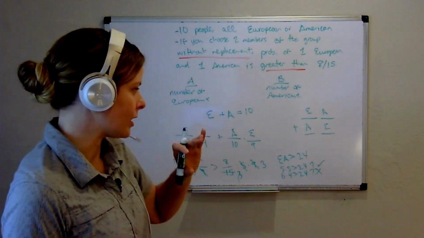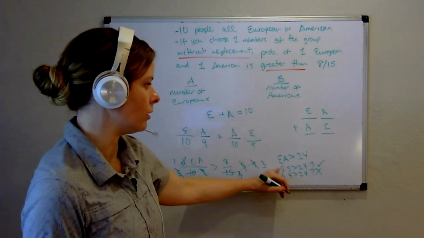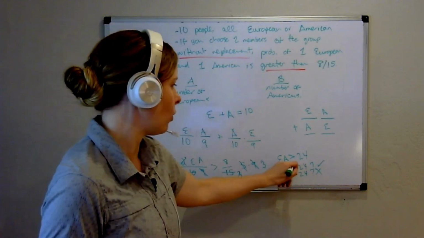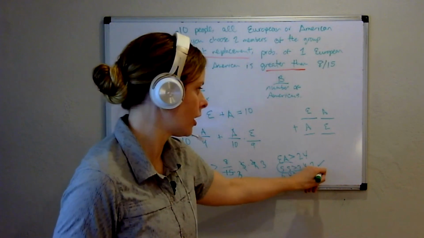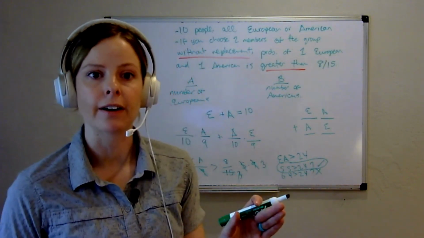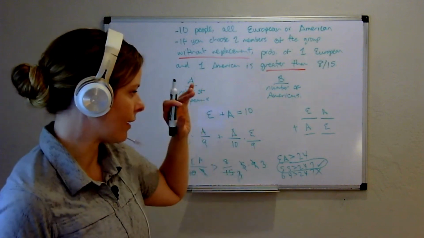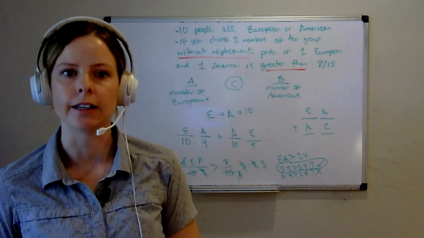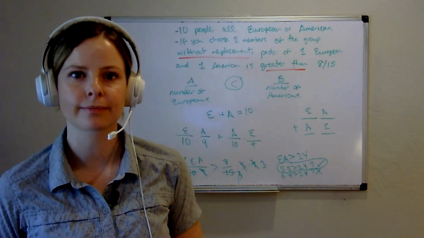So as we diverge from this equal number, we are getting smaller and smaller and smaller, which tells us that the only way to make this greater than 24 is if they are both 5. So because we have to have 5 Europeans, 5 Americans, that tells us that our final answer here is answer choice C.